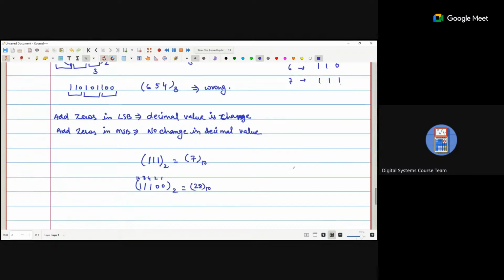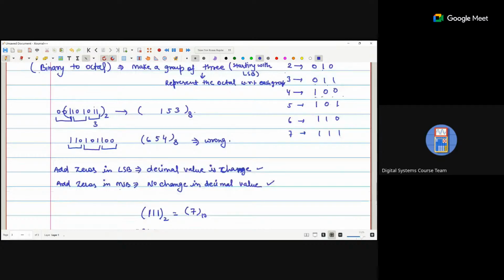And if I add these two zeros in the MSB part, 0, 0, 1, 1, 1, it will stay the same, 7. So if we add zeros in the MSB, there is no change in the decimal value. But if we add zeros in the LSB, the decimal value is changed.